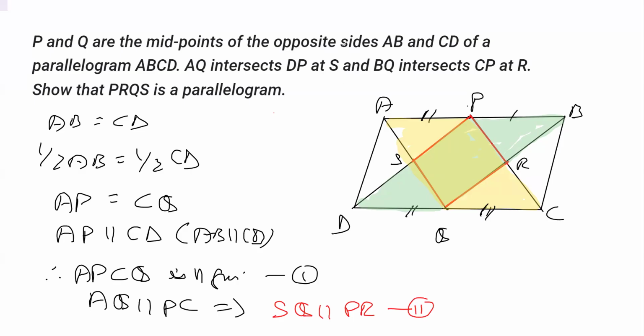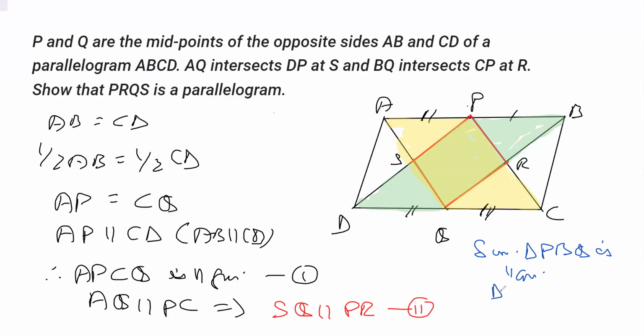Now, as I proved this figure a parallelogram, similarly we can say that the other one, that is DPBQ, is also a parallelogram. And if it is a parallelogram, that is the green shaded figure, I can say these sides will also be parallel.